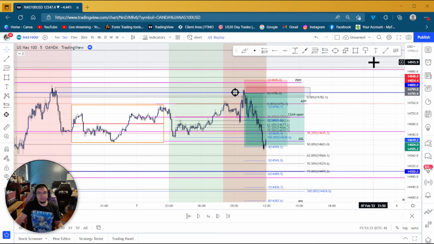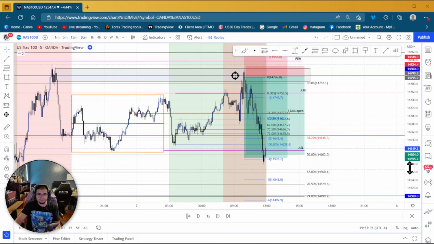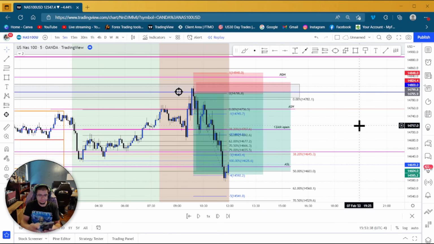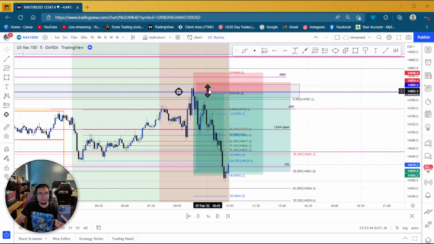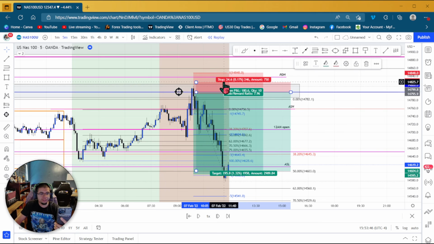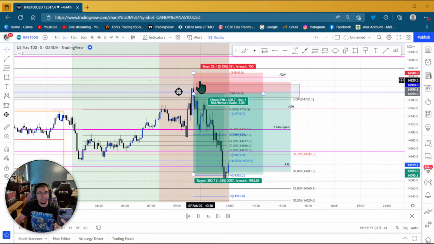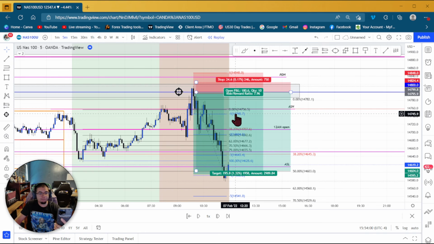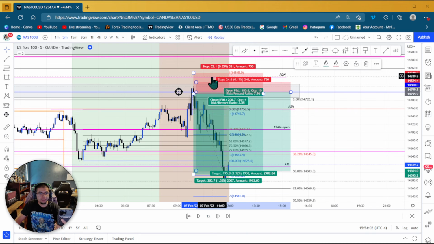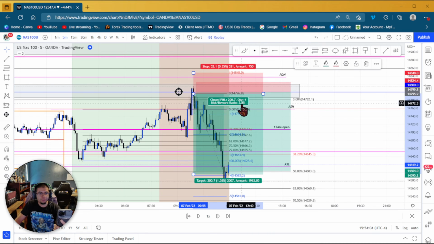So like I said, if one were to have used a 25 pip stop loss right here, compared to the 50 pip stop loss for the entry right here, where the sniper aim reticle is, one could have made 8% essentially right here, compared to the 3.8%.